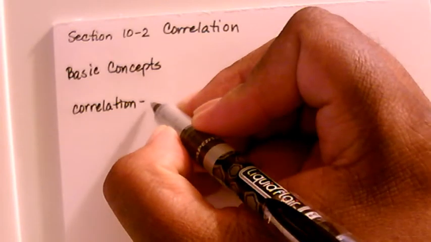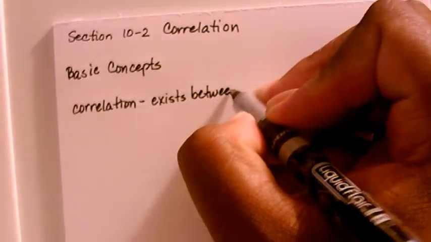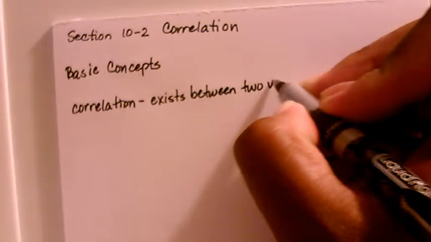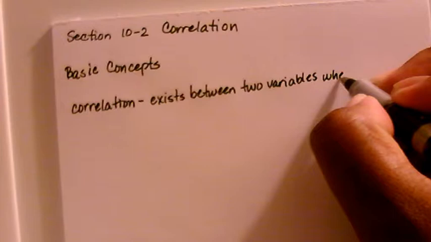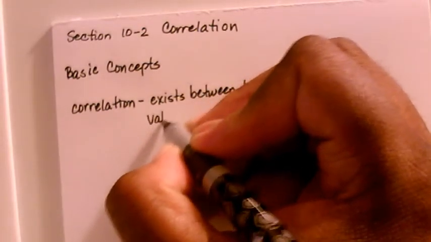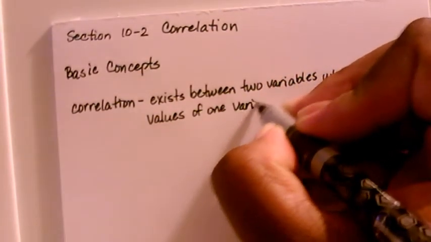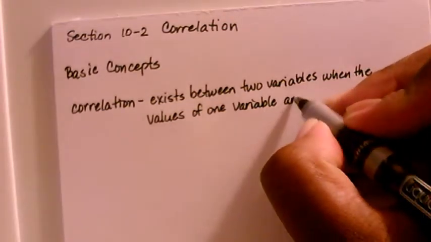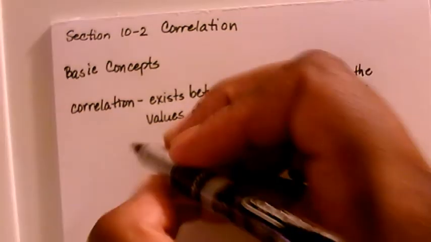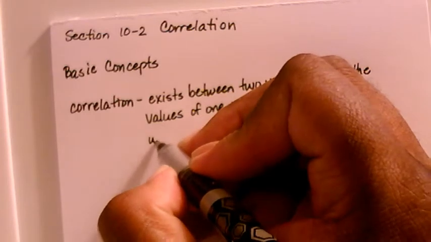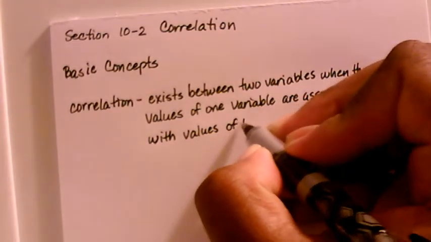Correlation exists between two variables, and that's when the values of one variable are associated with values of the other variable.